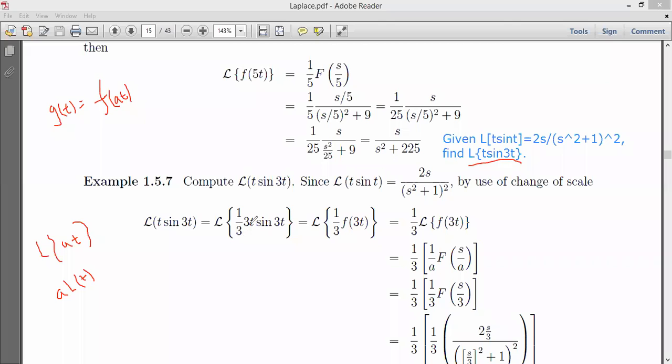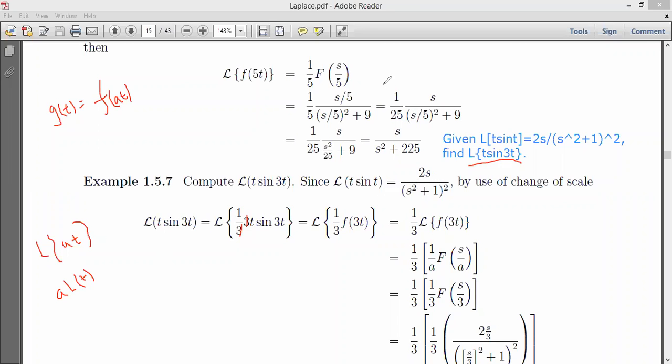I have 1 over 3 times 3. I know that this 3 will cancel with that 3, so this is basically the same as this. That's why I'm choosing to use the word identity, that this is exactly the same as this. But this identity will help us link this new form with this definition here.